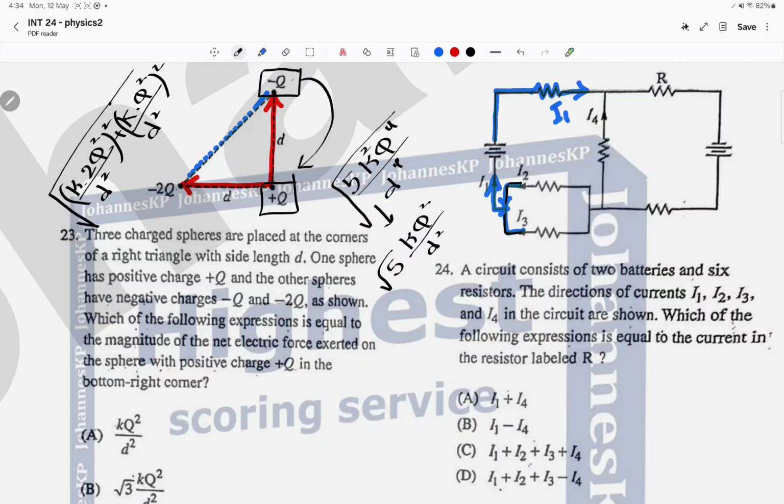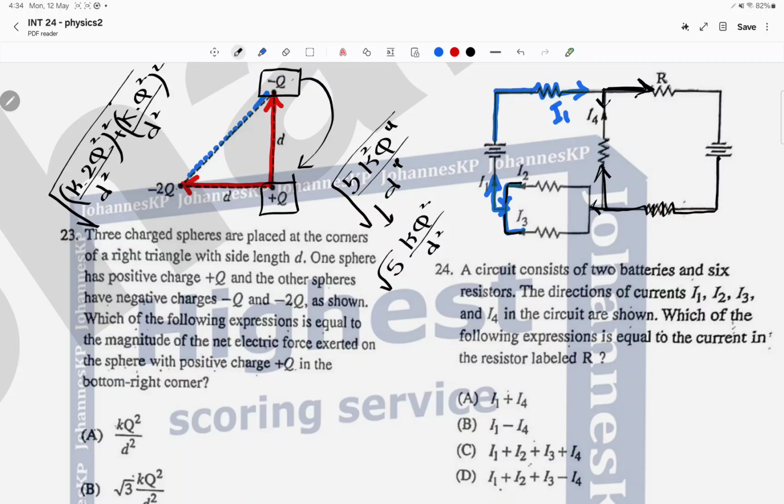So look, what's going to happen now is that I1 is going to separate, some into this and some here. Correct? And this guy is sending current as well. Some is going here, which is the I4, and some is going here.